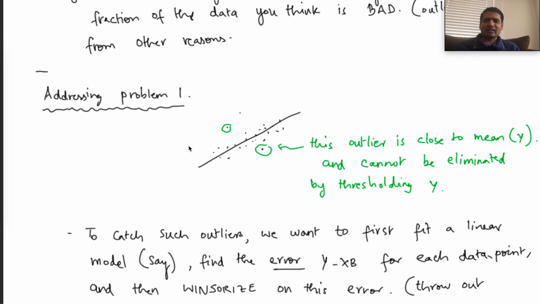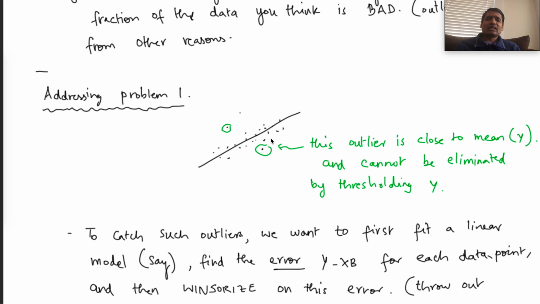The way you do that is to take the data and actually fit a line or some pattern, some model through the data, and then see what the error is for the various data points for the model, right?